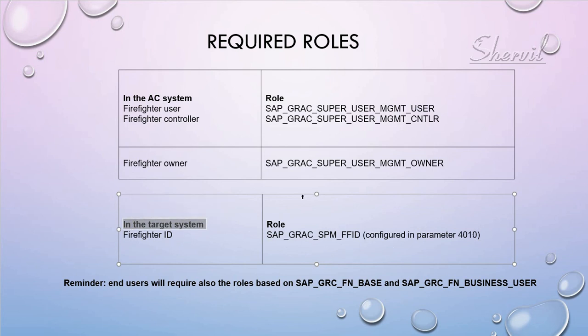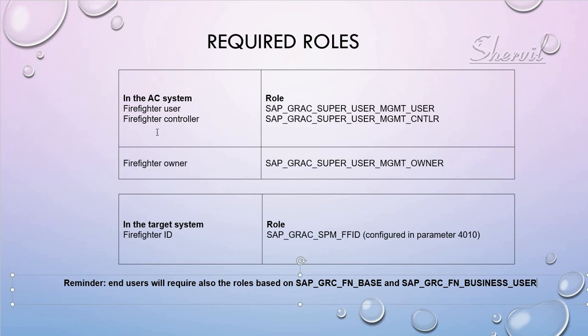Okay, now along with these roles, you also need to assign a few more. The users will need the NWBC role also; in the case of the controller and the owner, they will also need the NWBC role. In the demo, we'll see what that NWBC role is.